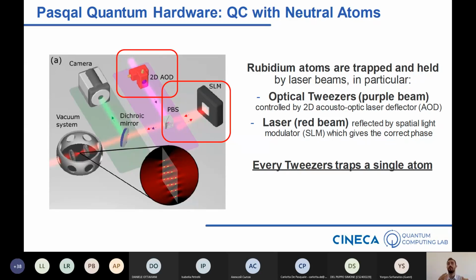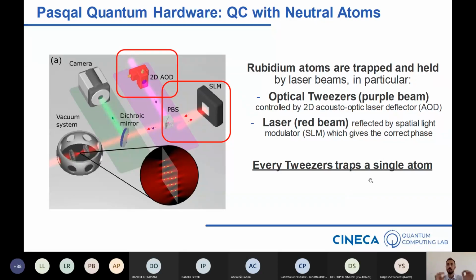So if an atom is shone with this laser, there are some forces that push the atom inside the peak of this Gaussian beam. That's, briefly, the working principle of optical tweezers.